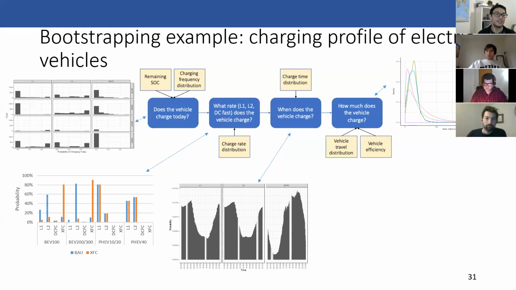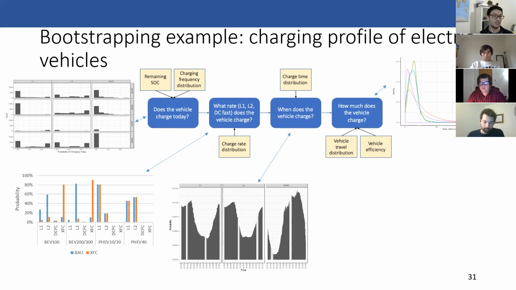So this is an example of bootstrapping to look at charging profiles of electric vehicles. If I wanted to, for example, figure out what a charging load distribution looks like for populations of electric vehicles, what do I actually need to know to figure that out?